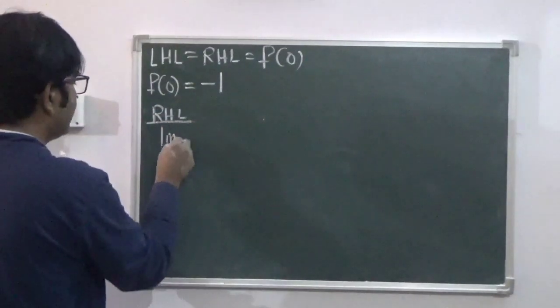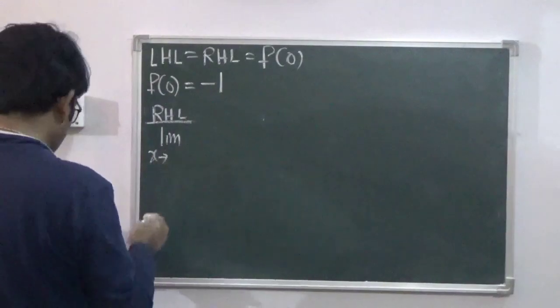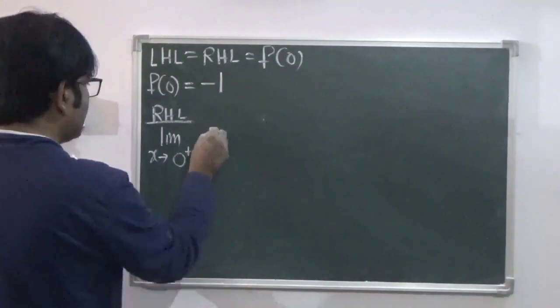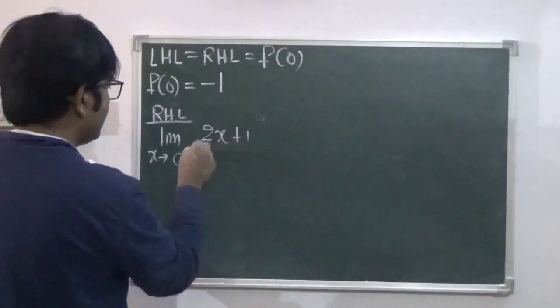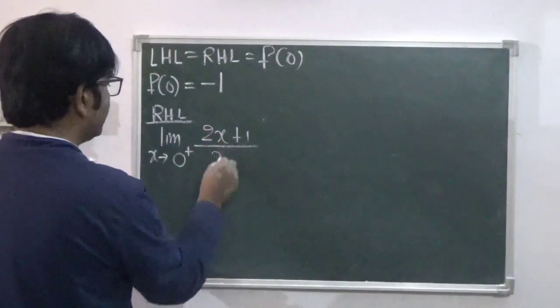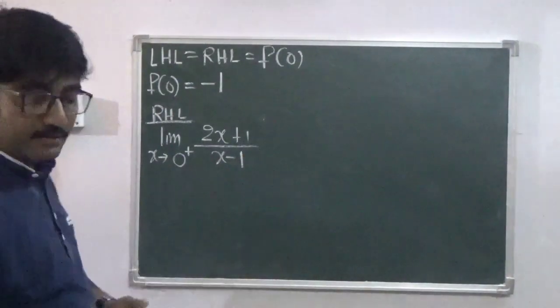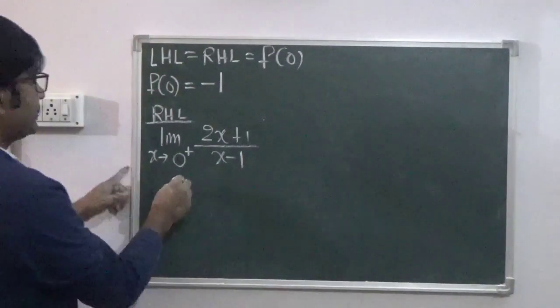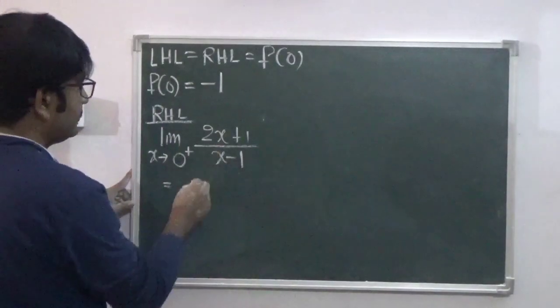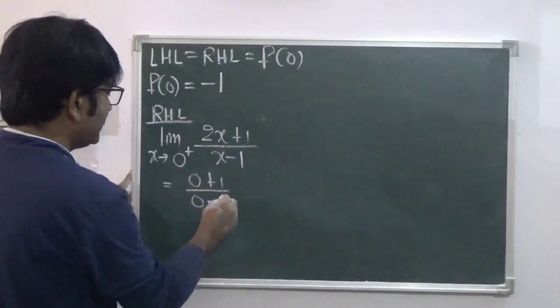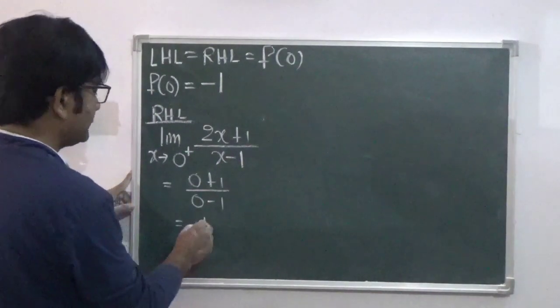So it is limit x tends to 0 positive, that is 2x plus 1 by x minus 1. Let us put x equals 0. It is 0 plus 1 and this is 0 minus 1, so we get minus 1.